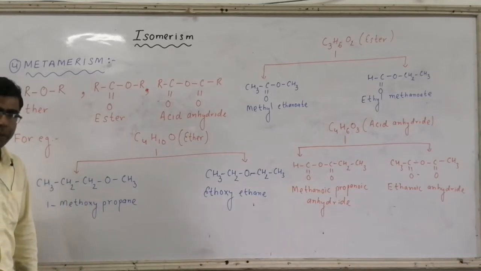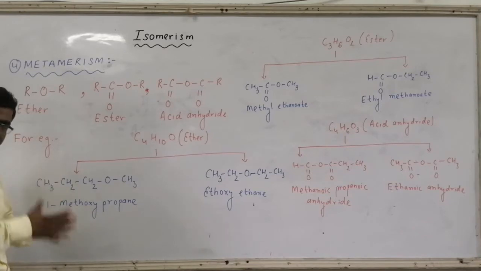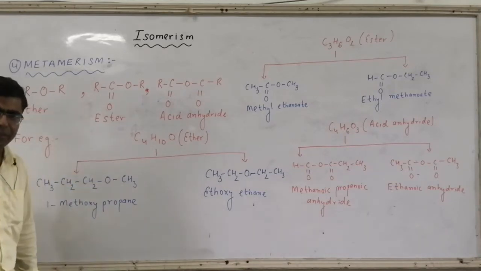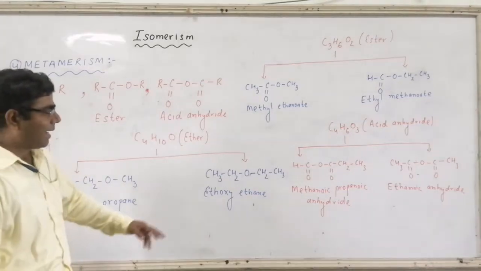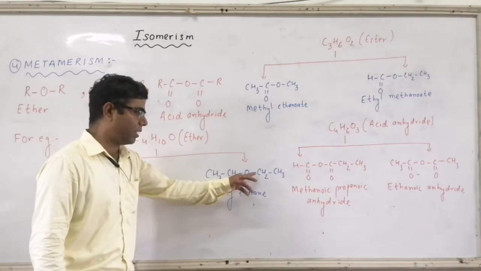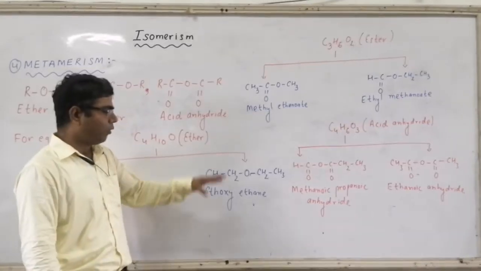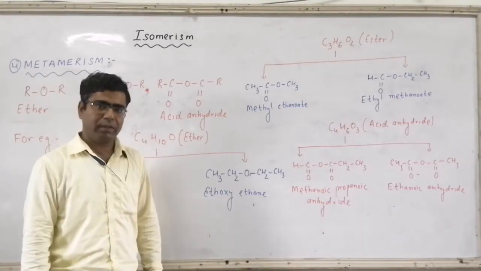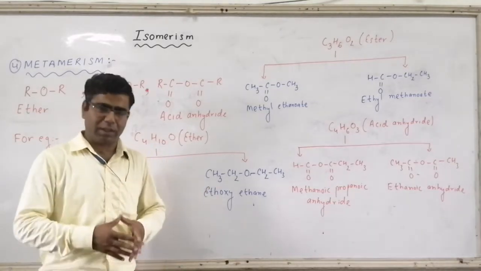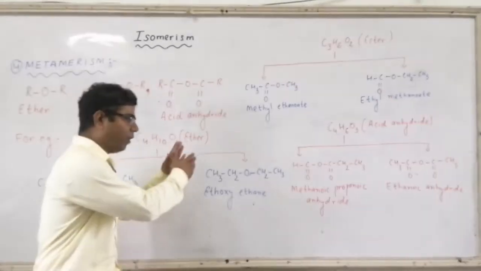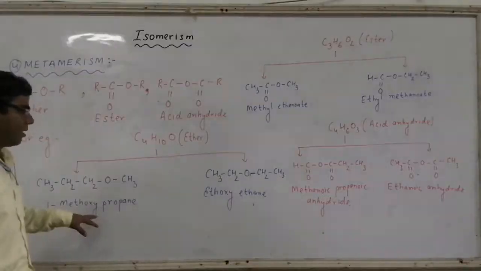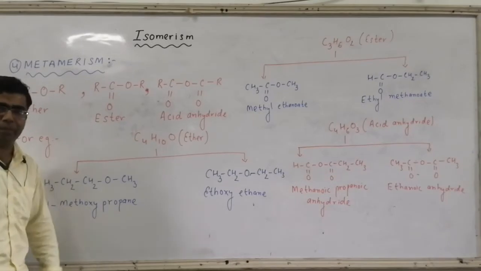Now what I will do? I will simply shift 1 carbon atom from left hand side to right hand side. As a result, I will get a new structure, that is CH3, CH2O, CH2 and CH3. This compound is called ethoxyethane. Now, no more metamers are possible, because if I shift 1 carbon atom from left hand side to right hand side, then I will get the same structure of 1-methoxypropane.